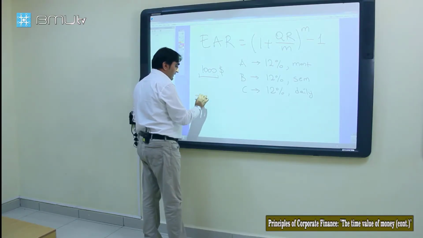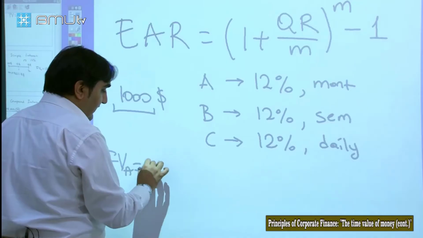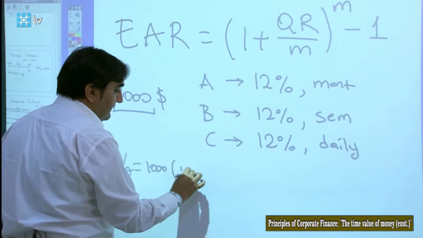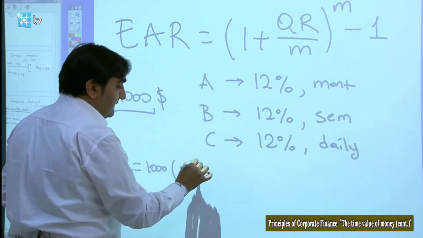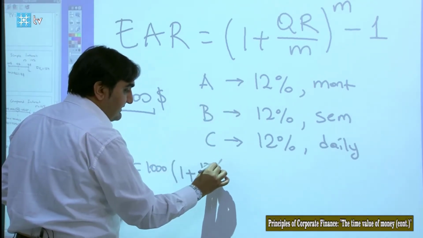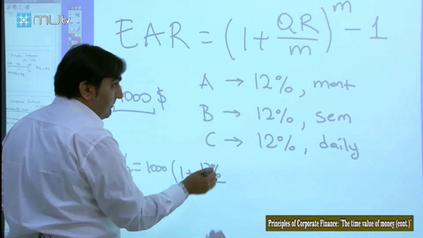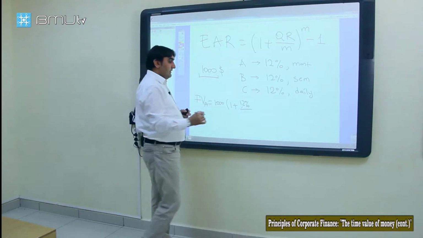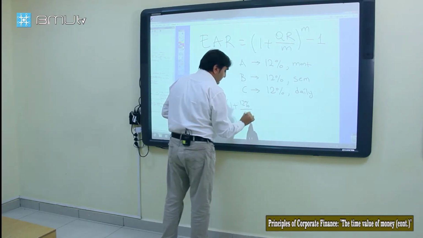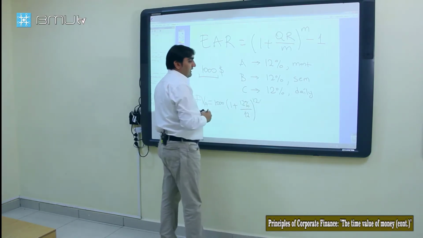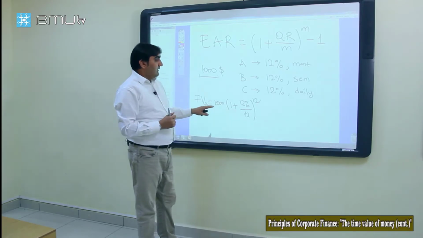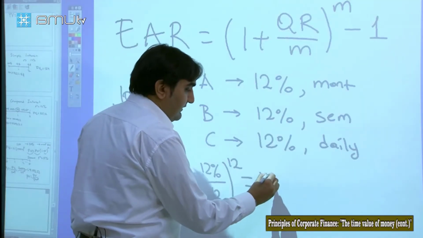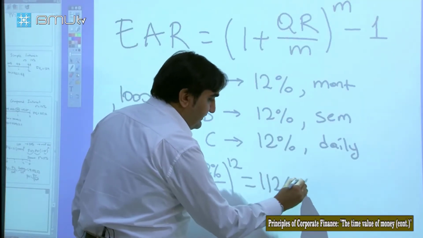For option A, our 1000 will grow up to, that's 12% monthly, divided by how many months do we have in a year? 12. And we have 12 months in a year. So this amount will be 1126.82.